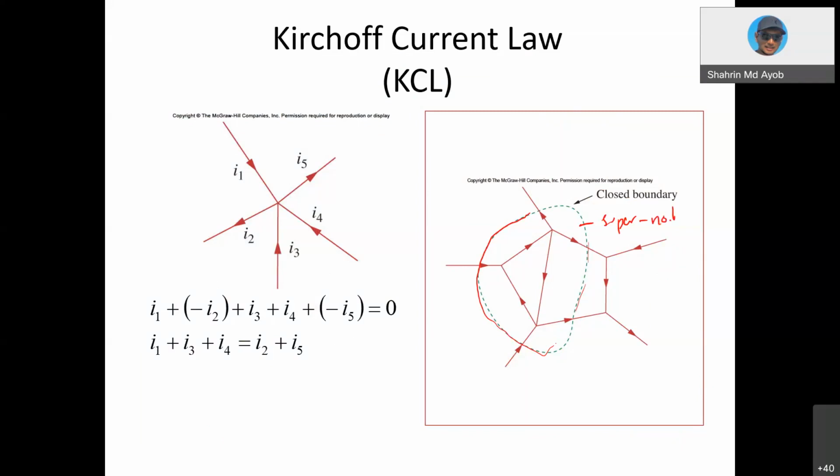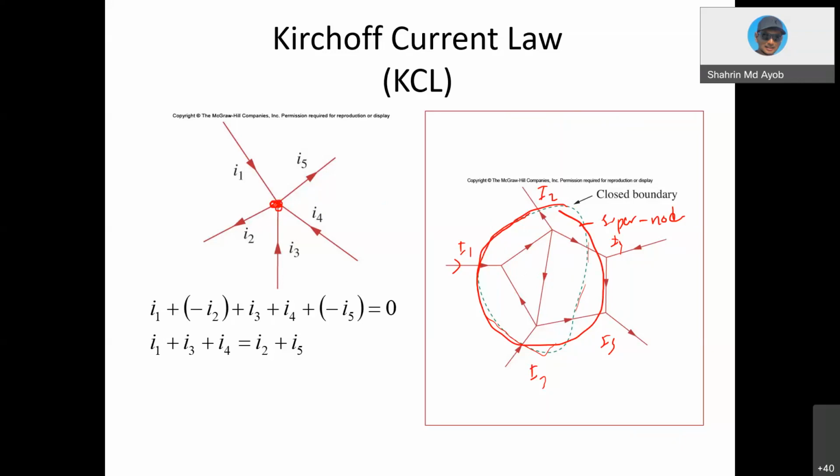Beside this, we have a lot of current network here: this one is I1, this one is I2, this one is I3, and this one is I4 and I5. If you define this as a closed boundary or super node, the Kirchhoff current law also applies. But I think for this course we only concentrate on the single node.